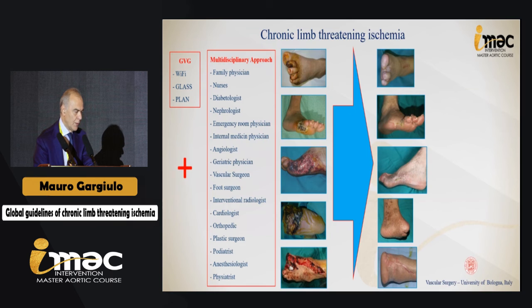With this approach, we think, according to the writing group of these global vascular guidelines, that if you put together the WIfI classification, the GLASS classification, the PLAN approach, and the multidisciplinary approach for this patient, we can absolutely improve the percentage of patients with foot salvage and the patients who have the capacity to ambulate with the foot in our clinical practice.